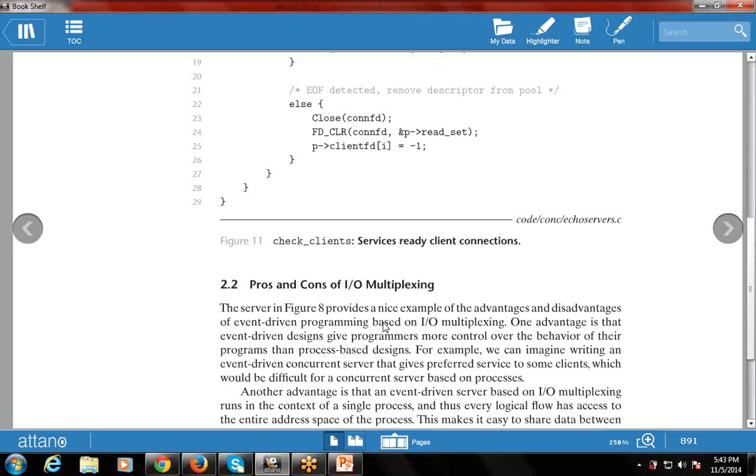This is the main advantage. For example, we can imagine writing an event-driven concurrent server that gives preferred services to some clients, which would be difficult for a concurrent server based on processes.